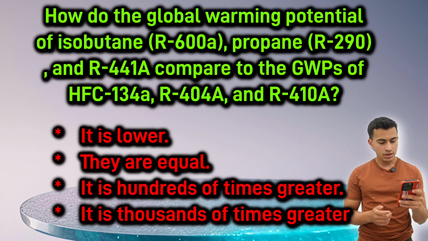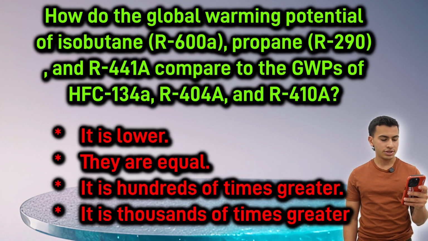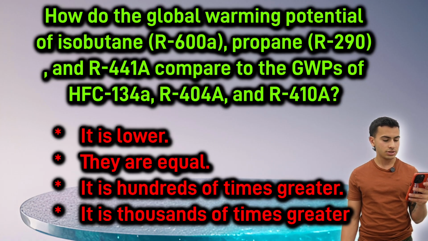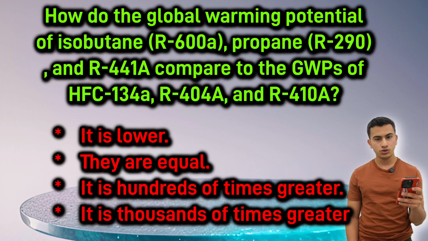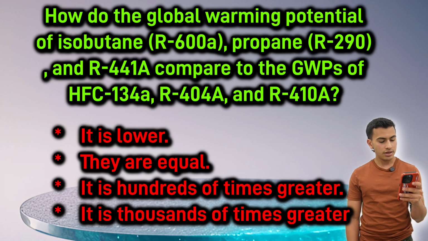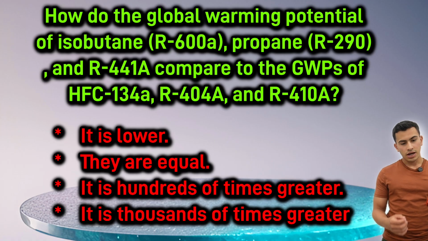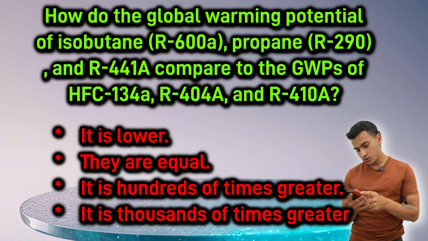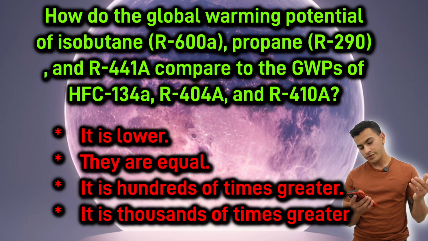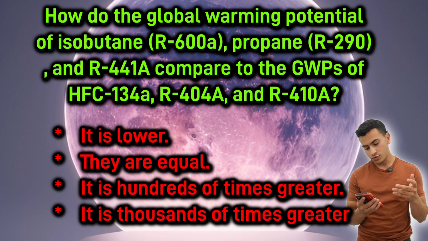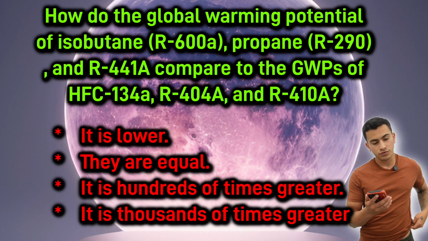Number 3. How do global warming potentials of isobutane R600A, propane R290, and HFCs 134A, R404A, and R410A compare? Now, how do they compare to the global warming of HFCs 134, 404, and R410A?